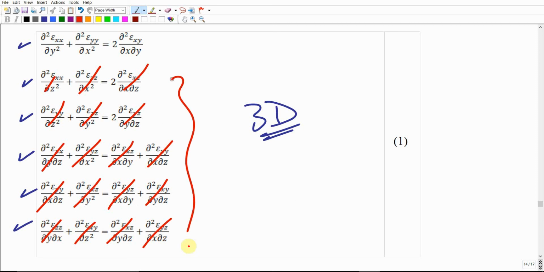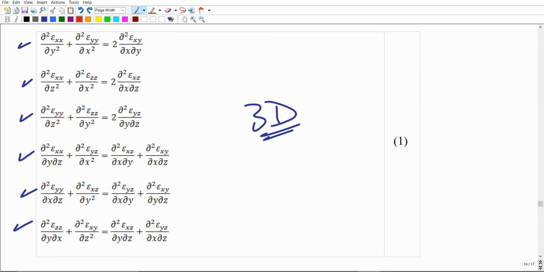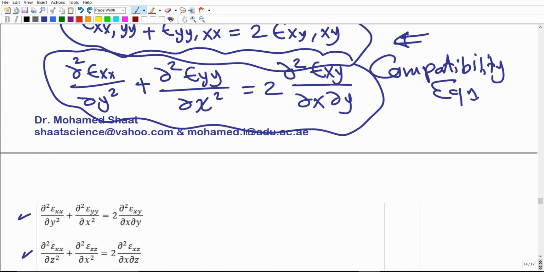So as you can see, all of these 5 equations will be excluded if we are working in 2 dimensions, because in 2 dimensions you only have x and y, there is no z. If we cancel these terms, we just end up with the one equation that we derived for 2 dimensions.